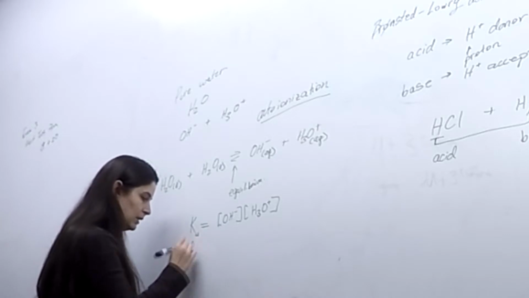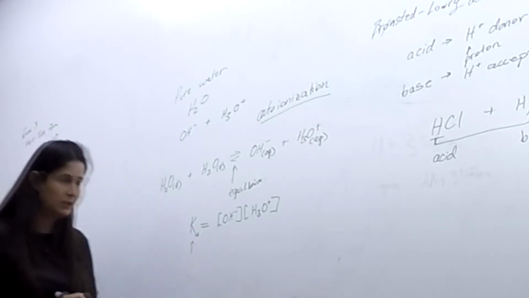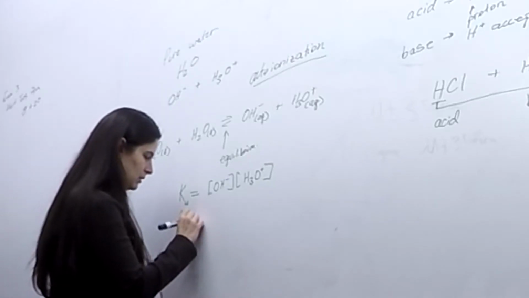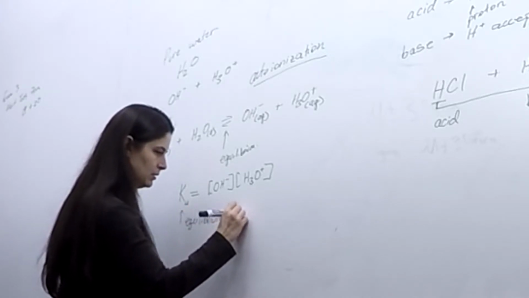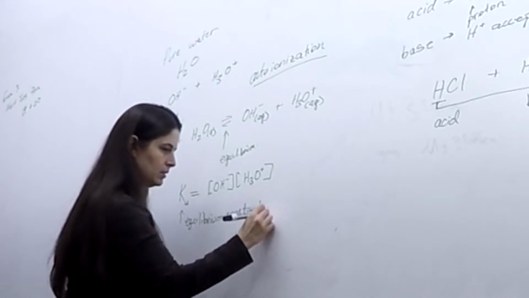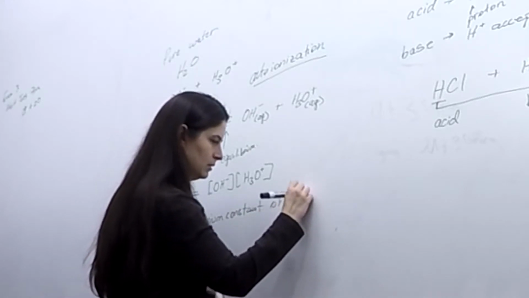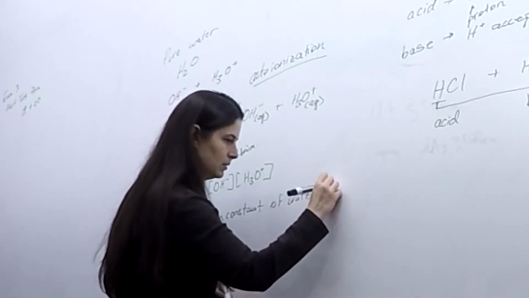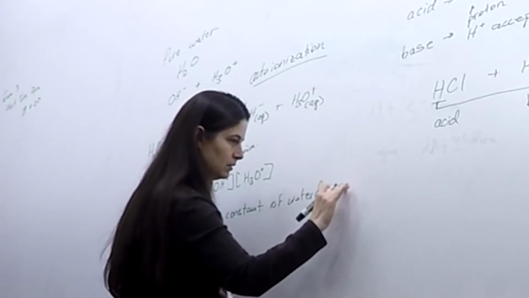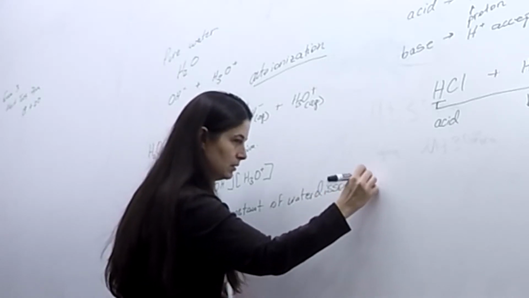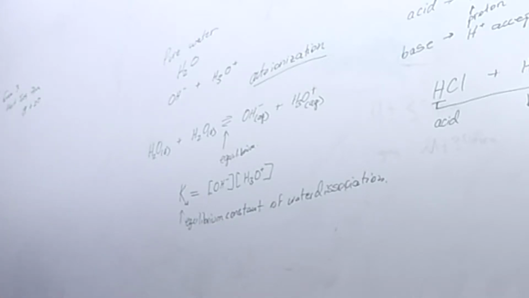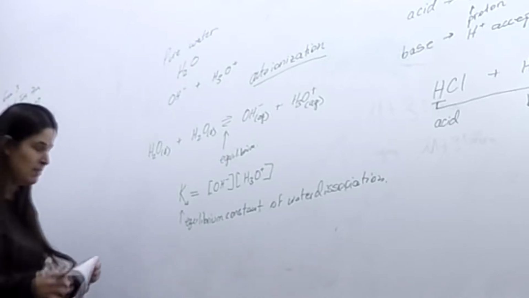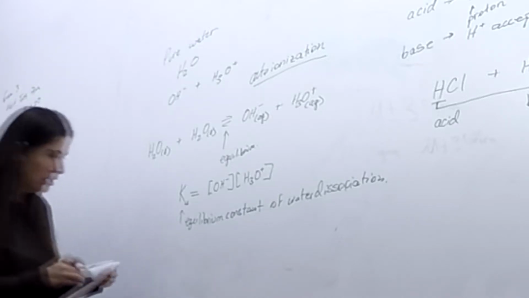Okay, this here, relating back to the last chapter, would be called the equilibrium constant of water dissociation, because that's what it is. But it has a different name since it is water.